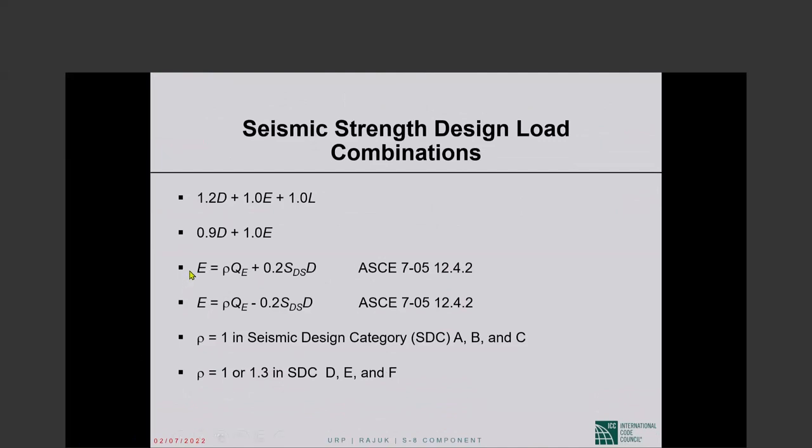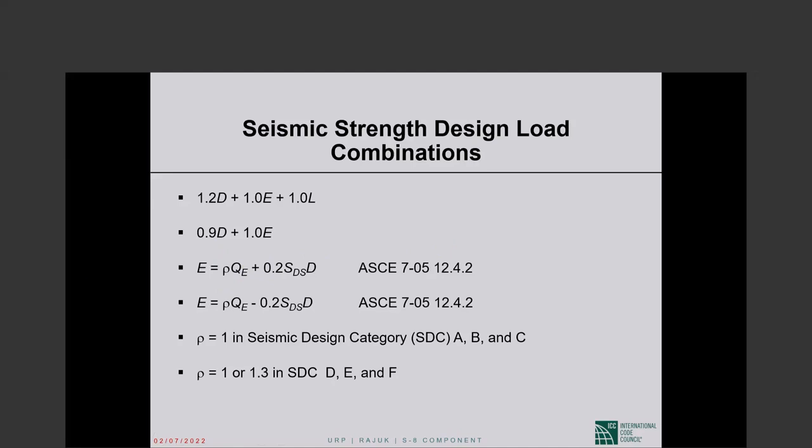Now, E in ASCE 7, first of all, and I'll talk about BNBC in a second. In ASCE 7, the earthquake effect E is made up of horizontal earthquake effect and vertical earthquake effect. The horizontal earthquake effect is the Q sub E that I showed you. This is the internal forces obtained by elastic analysis of the structure under code prescribed seismic forces.